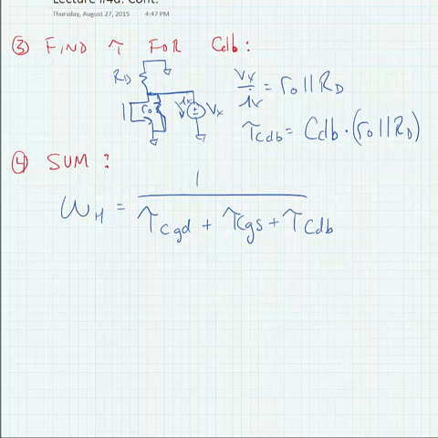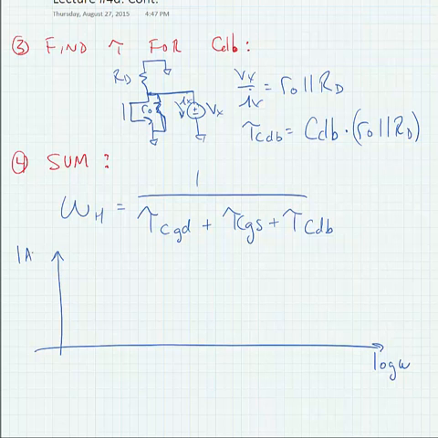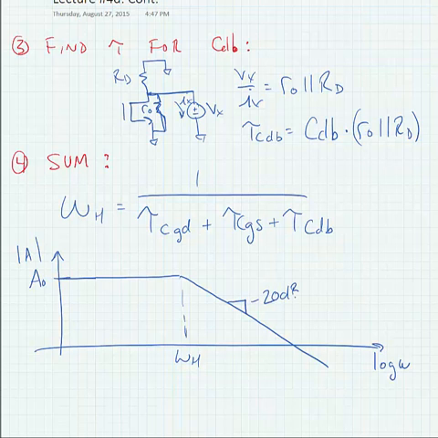Okay, and if we were to do a Bode plot of the magnitude versus log of the frequency, we would calculate some gain. We'll just label it A naught. And then we would get to omega h, the pole frequency we just calculated, and the amplitude would start to roll off at minus 20 dB per decade.